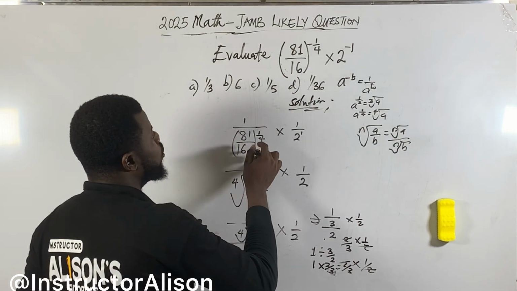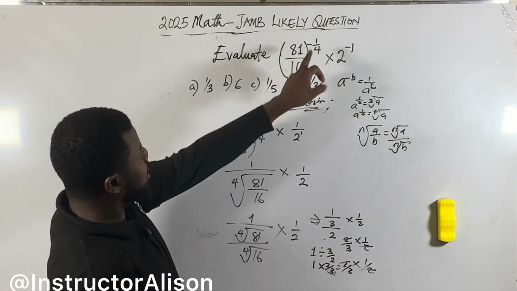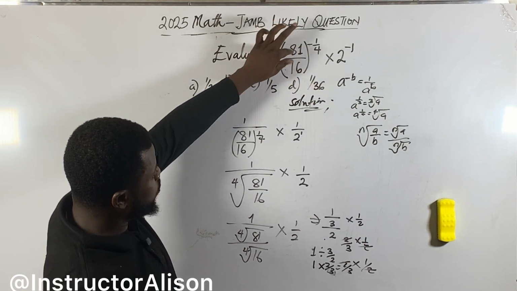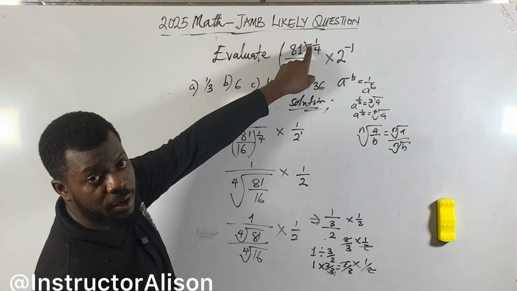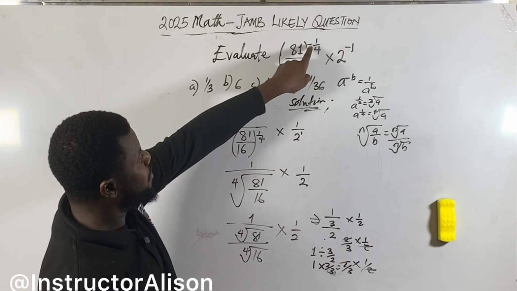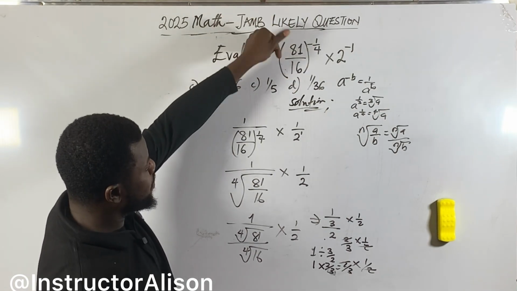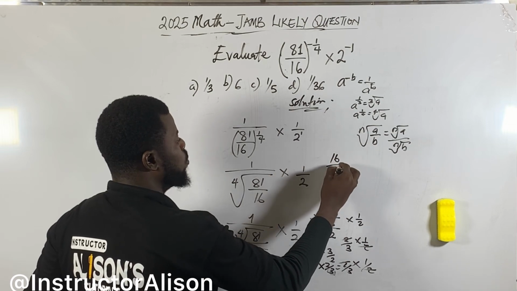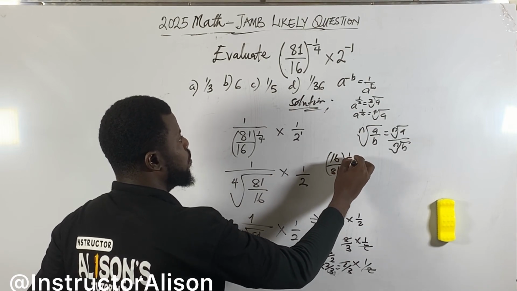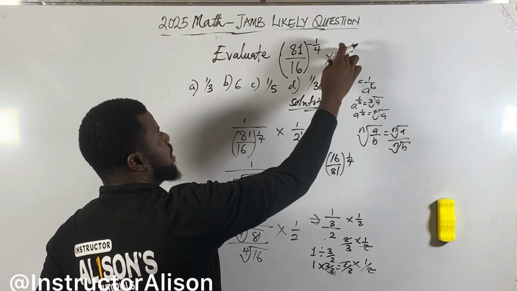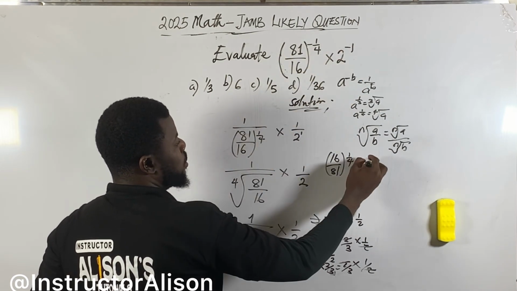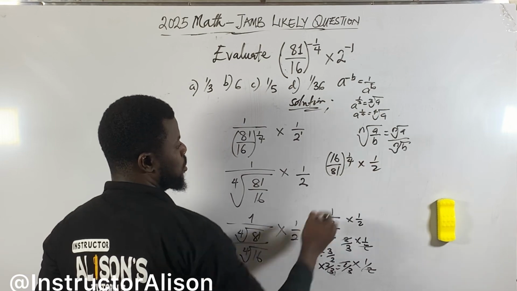But if you want to use a shortcut from here, just say, okay, as I get inverse, flip this one upside down. The negative sign, you flip this one. So if I remove this negative sign, I flip this one, I turn it upside down, so that we get 16 over 81 raised to the power of 1 over 4. In fact, just carry this one as times 1 over 2 because you don't have anything else to do.